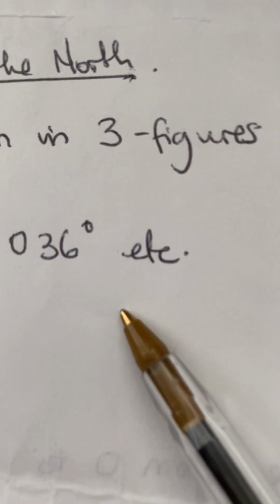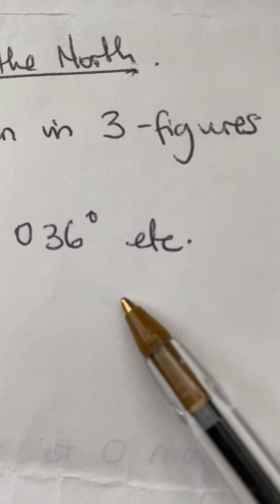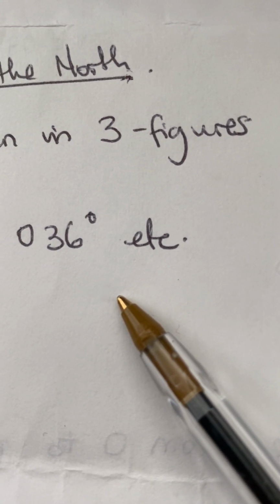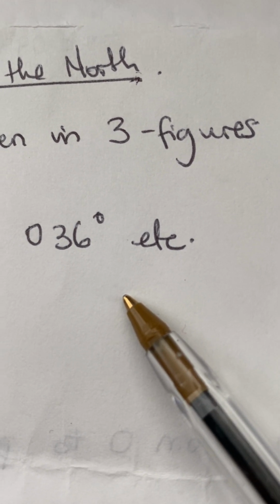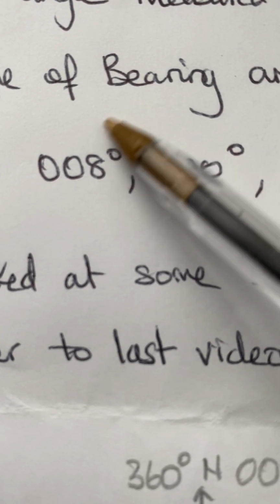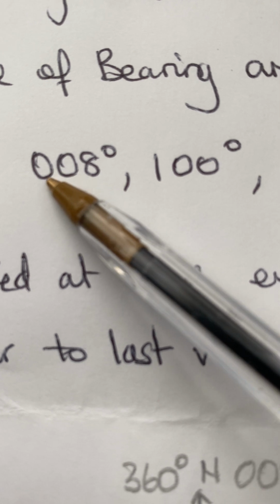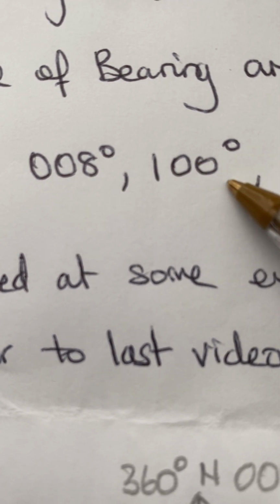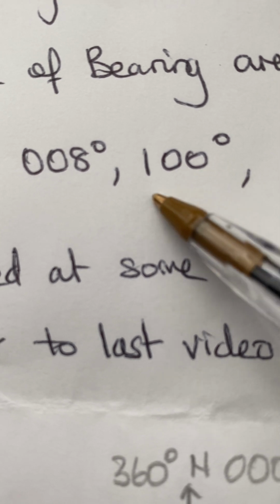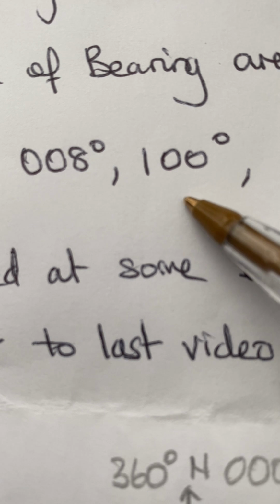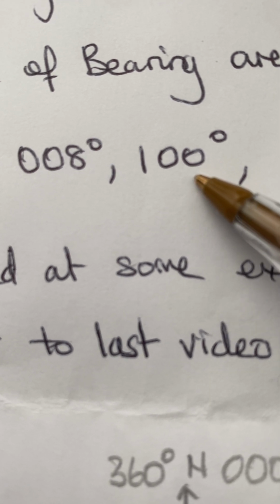So for instance, if you have 25 degrees, you will write it as 025 degrees. Some examples: 8 degrees, you write it as 008 degrees. 100 degrees, you write it as 100. It should always be in 3 figures.